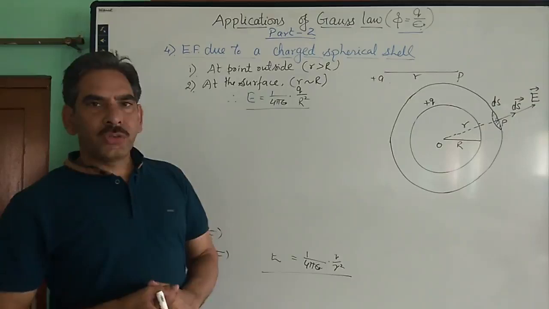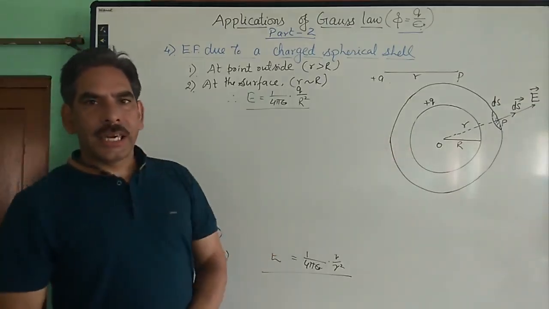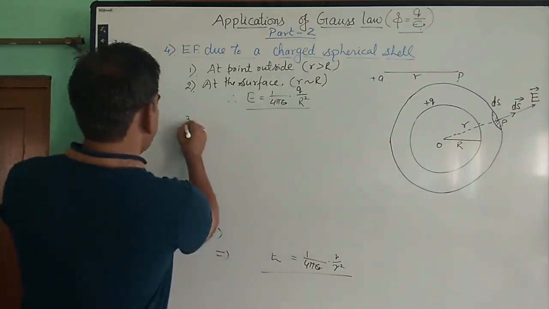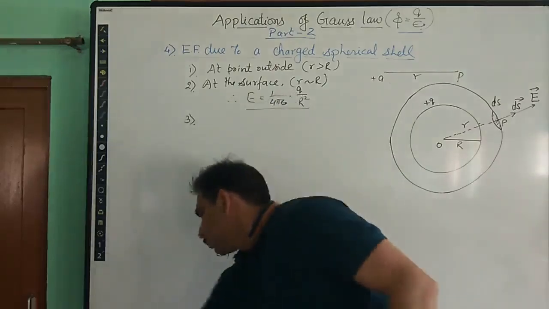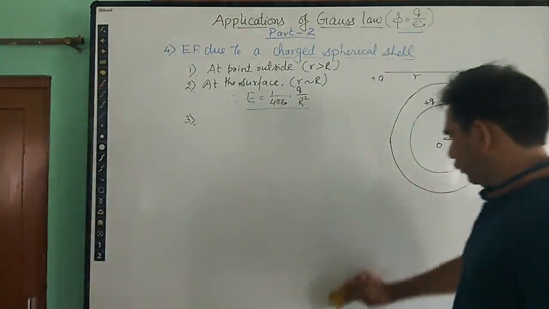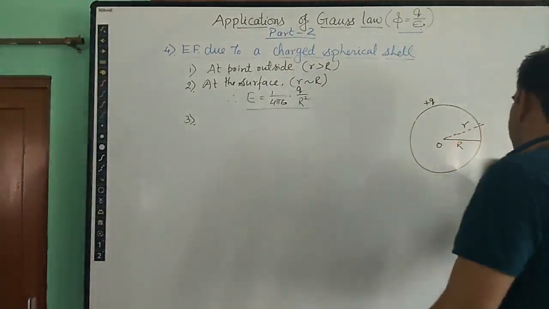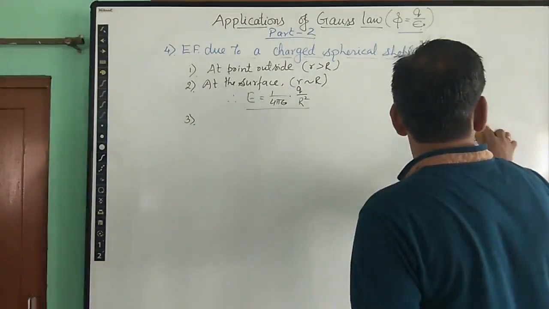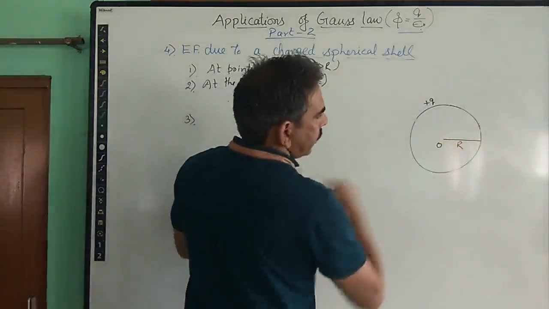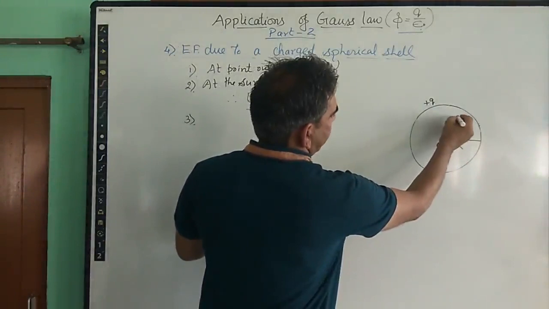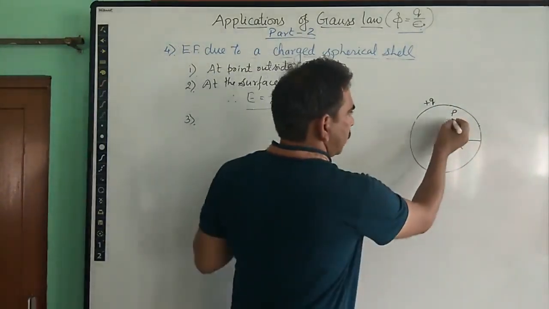And what if we are willing to find out the electric field due to this spherical shell inside the spherical shell at a point? So in the third case, we are taking that the point P is, for example, here inside this spherical shell.